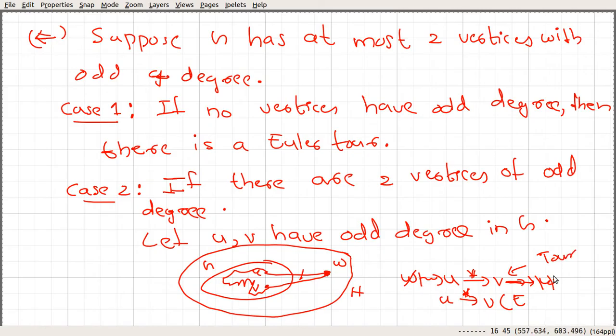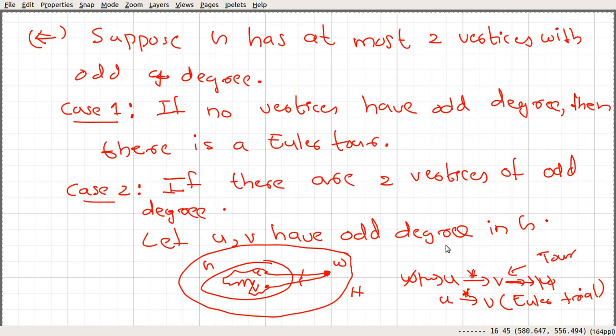If you remove these two vertices and these two edges, then what is left is a trail, and we can see that it is an Euler trail, since this was an Euler tour.